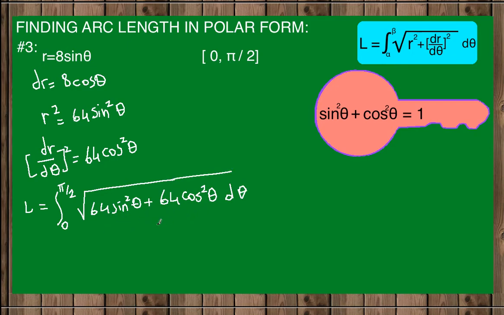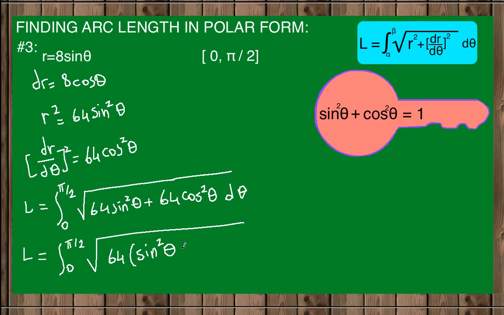Now we can factor out 64. Factored out, sine squared theta plus cosine squared theta is left inside.